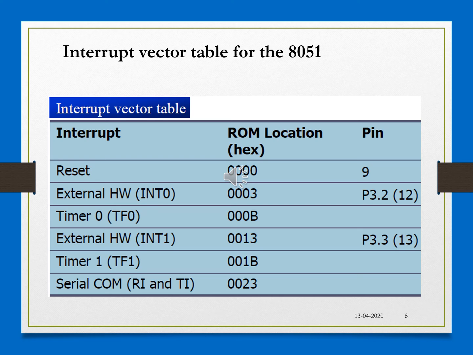So the subroutine should be as small as possible, giving attention to the interrupt and coming back to the normal process. It should not take much time. That is the meaning. One more thing, if you observe here, the ISR for reset starts from location 0000.